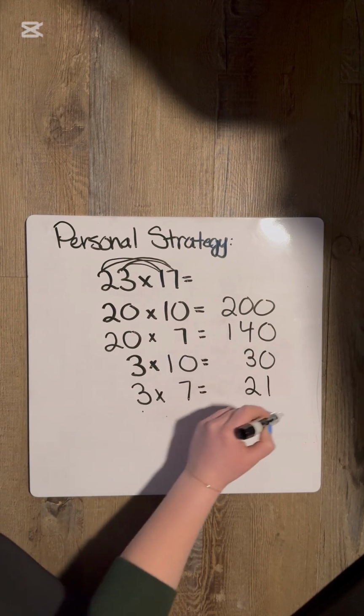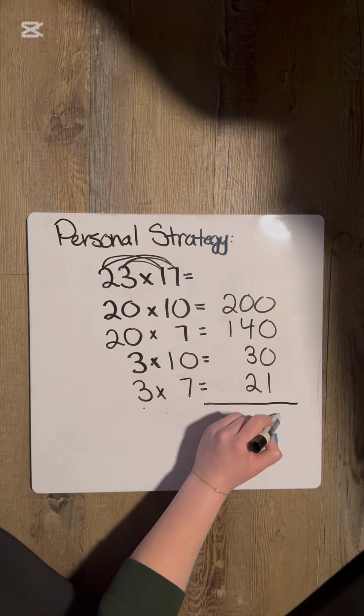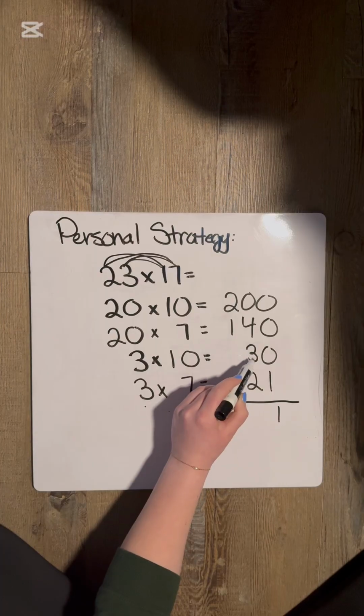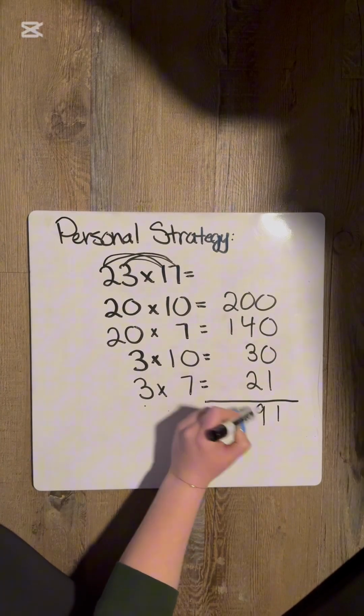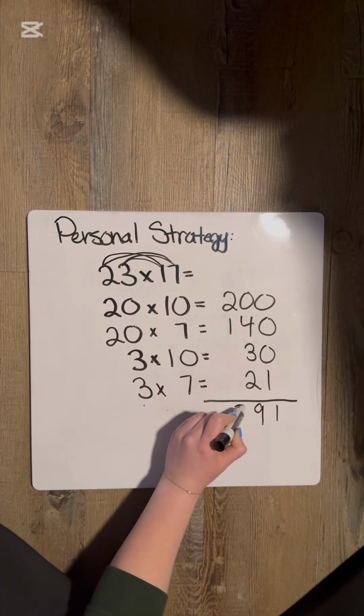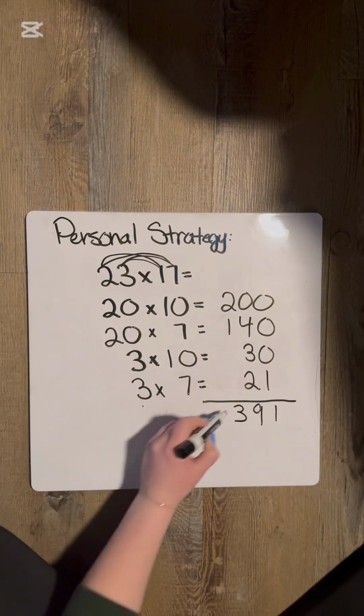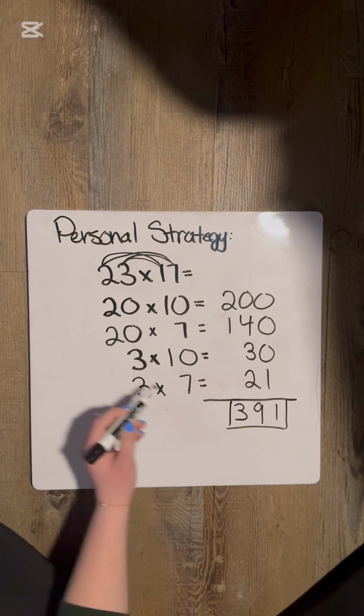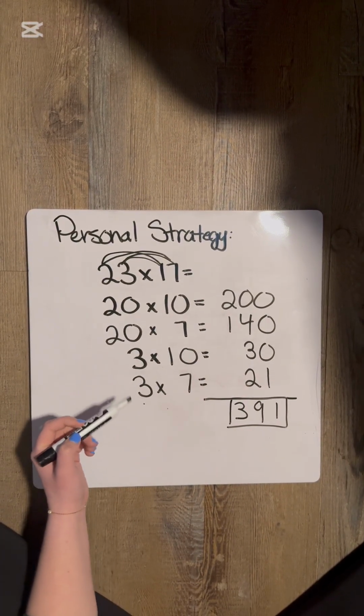So now I'm going to add these. I have 1, 4, plus 3, plus 2 is 9, 2 plus 1 is 3. So my answer is 391, and that's using the distributive property.